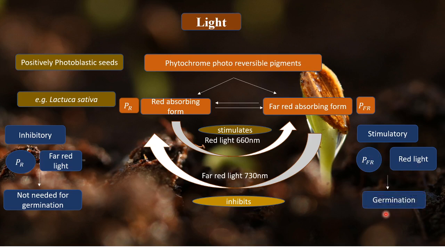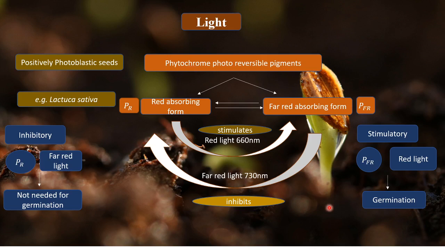So this will lead to germination. I hope that this difference is clear to you, but still if you have any doubt, you can just ask me, right? So this is the mechanism of the phytochrome pigment that is involved in seed germination, or that is involved in dormancy.